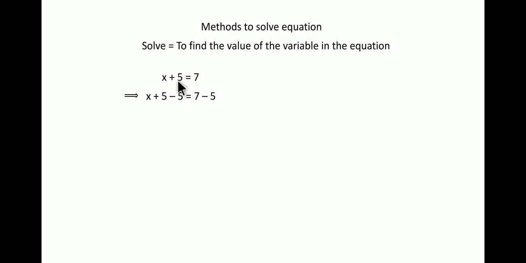So in order to remove this plus 5 from this expression x plus 5, you will subtract 5, and also you have to subtract 5 from the right hand side. So this results in x in the left hand side and the right hand side is equal to 2.